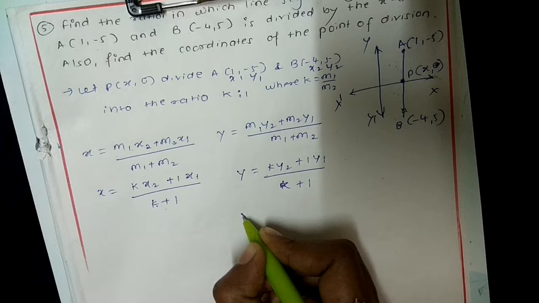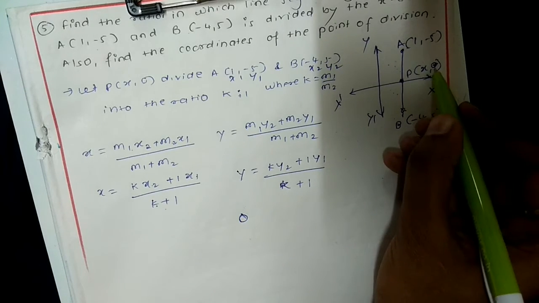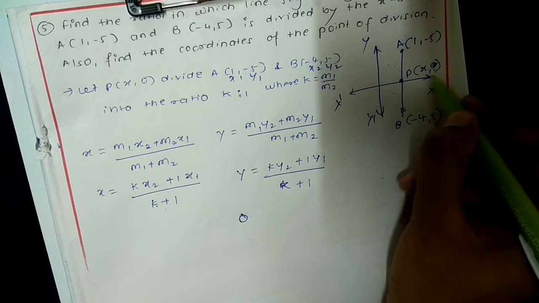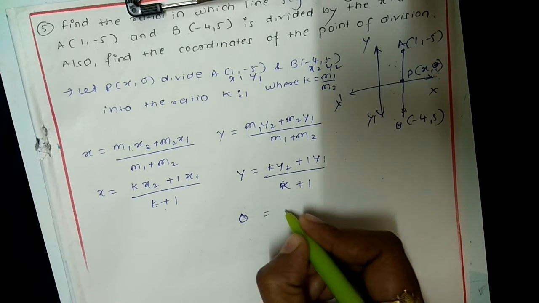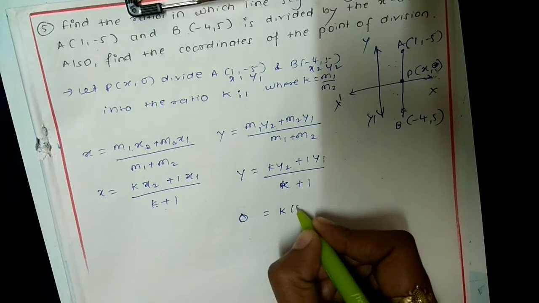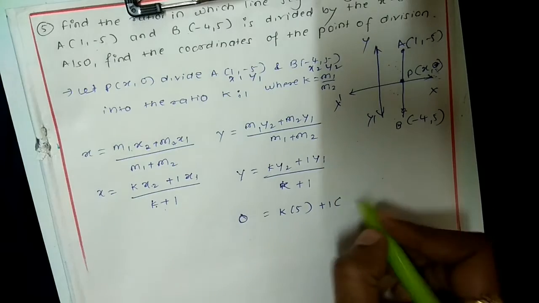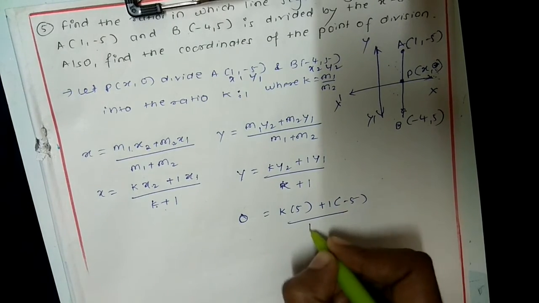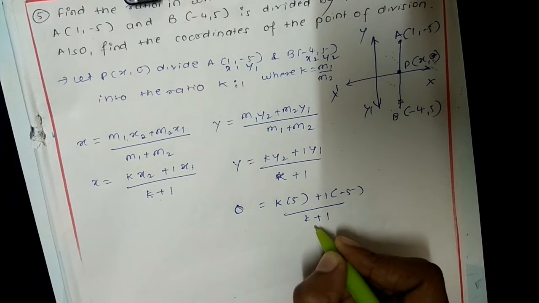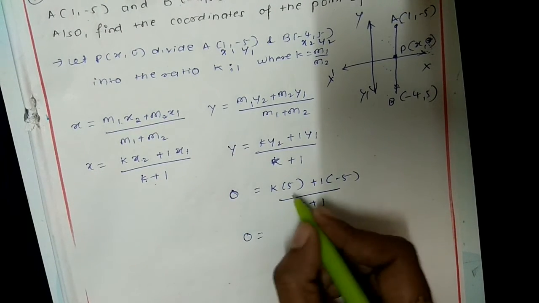So let us find out. y is 0 here, so 0 equals (k into y2, that is 5, plus 1 into y1, that is -5) divided by (k + 1). Bringing k + 1 to this side, it will be 0, since 0 into anything is 0.